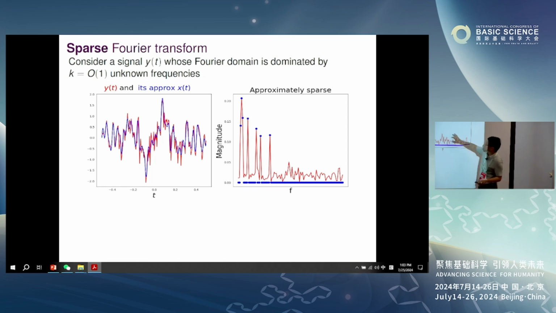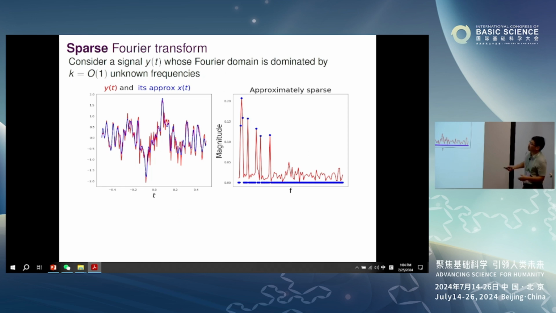Suppose this sparse approximation, in blue color, is the truth that we are interested in. But given the noisy data in the red color called Y, how can we find the true sparse representation?